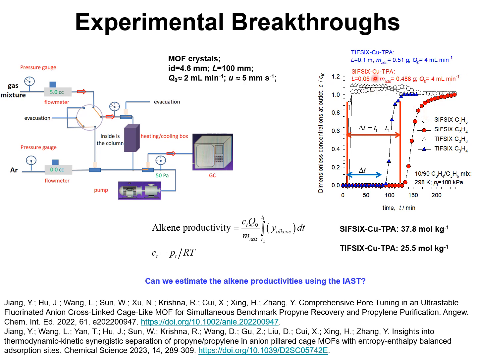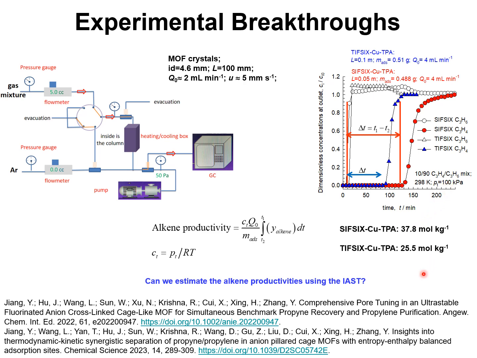For CIF6 copper TPA, the pack length is 0.05 meters, and the mass of adsorbent is 0.488 grams, with an inlet flow rate of 4 milliliters per minute. What is important is to have a MOF that has the highest productivity of purified propene.